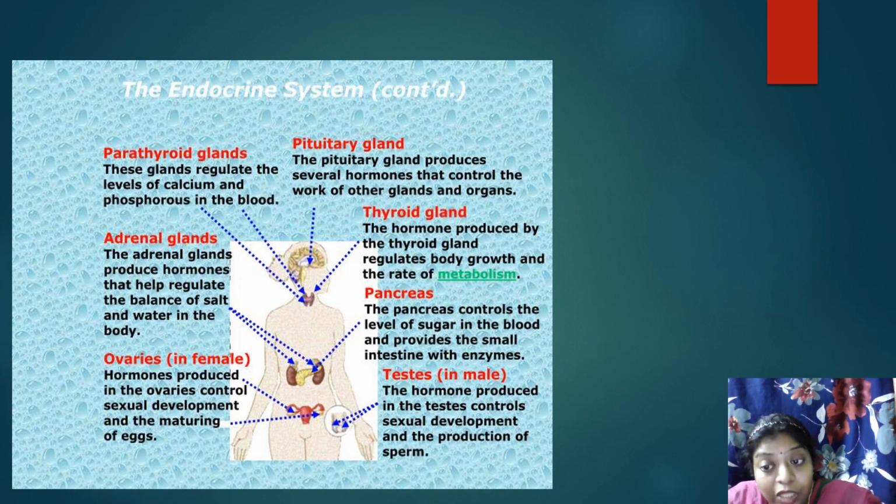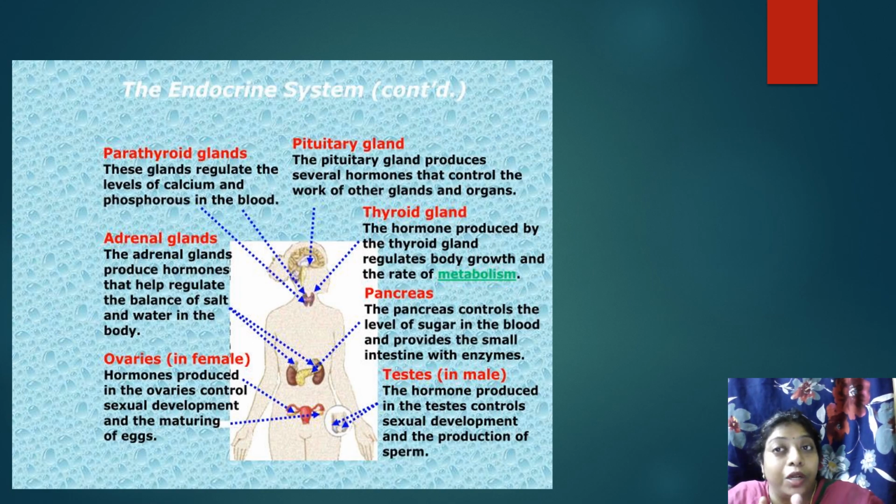It initiates the breakdown process of glycogen to glucose. So it initiates the breakdown from glycogen to glucose, and thus the normal sugar level is maintained, and hence this process is called a feedback mechanism.